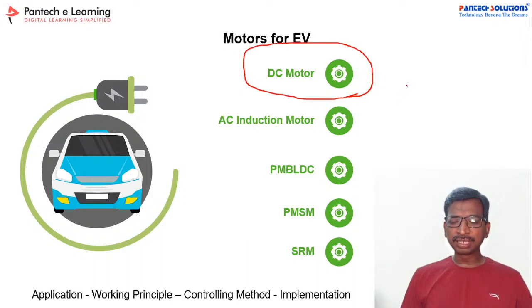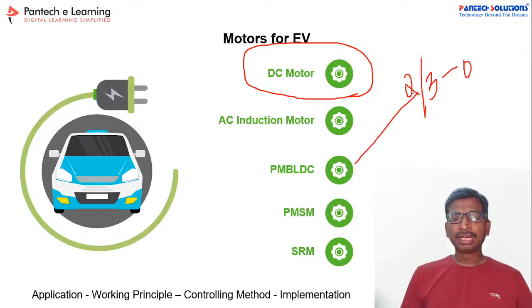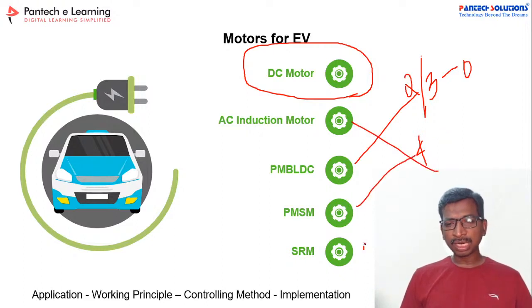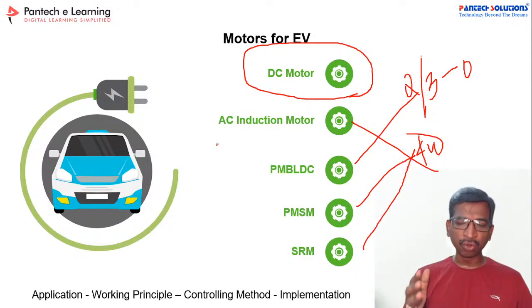As a general thumb rule, for two-wheelers and three-wheelers you can straight away choose a DC motor, PMDC motor, or BLDC motor, right? For four-wheeler applications with traditional vehicles, you have to choose an induction motor, PMSM motor, or SRM motor. Any one of these three motors is suitable for a four-wheeler.